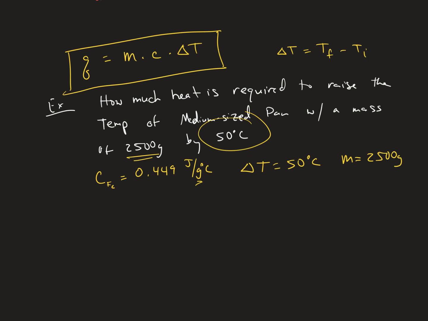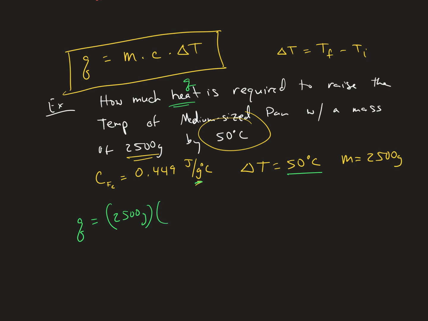All right, so now we can find Q. Q is what we're looking for, how much heat. Q is equal to the mass of our pan, which is 2,500 grams. We are in the right units because our specific heat is joules per gram degree Celsius and our change in temperature is in degrees Celsius.